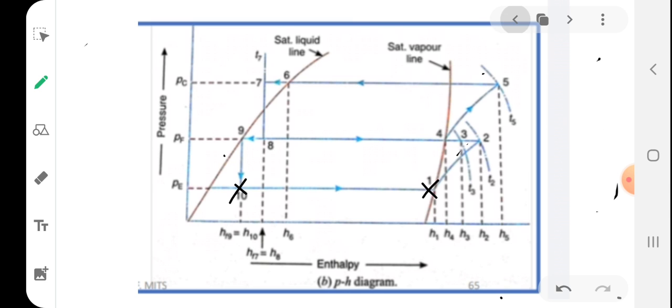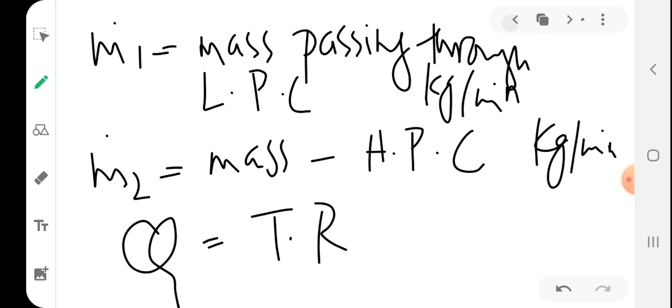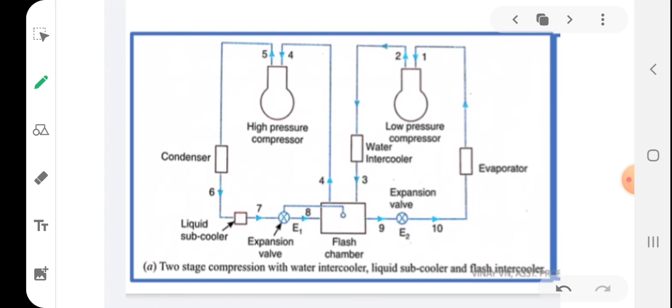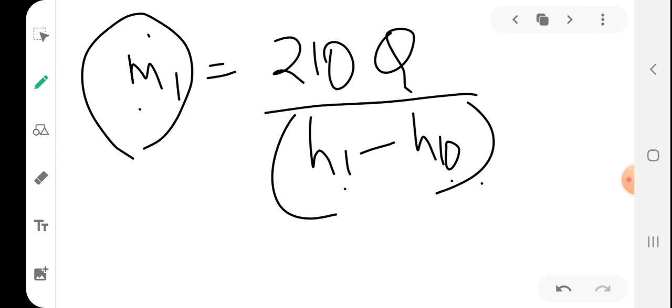Through the evaporator only M1 dot is passing. M1 dot is passing through this particular circuit, and through this circuit M2 dot is getting circulated. Now if you need to find M2 dot, you have to take the thermal equilibrium of the flash intercooler.